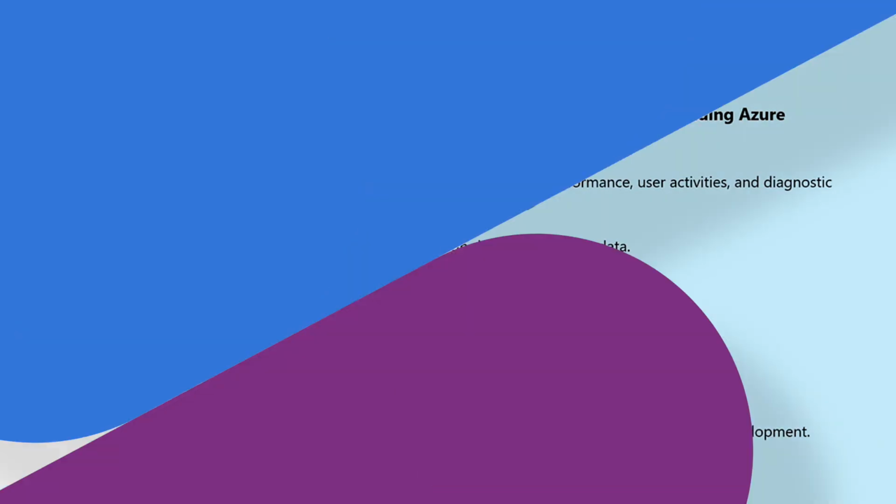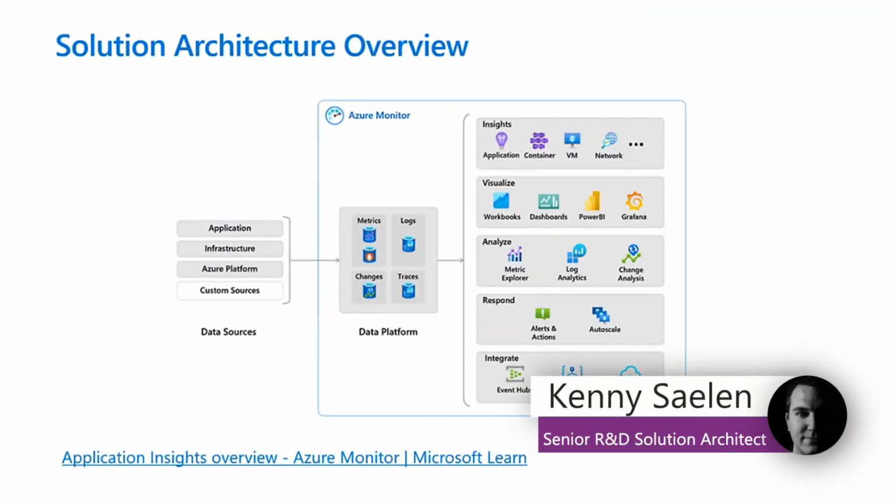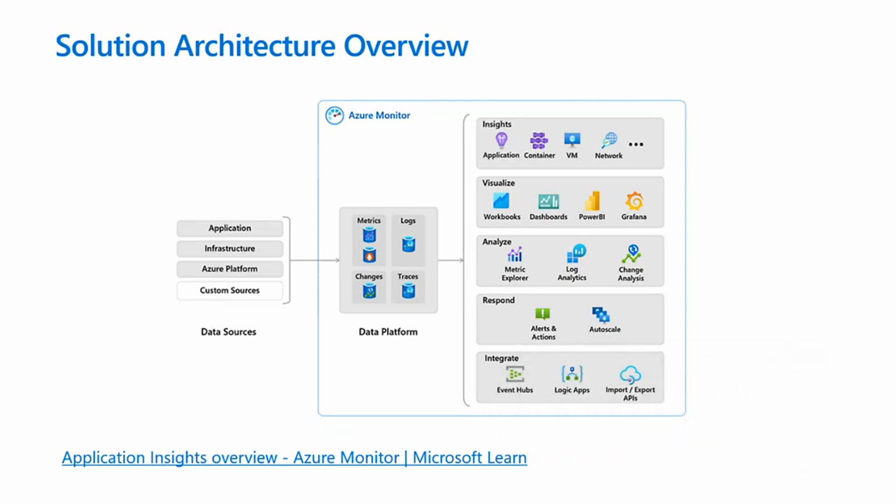Kenny, over to you. Thank you, Ajit. Just to give you a brief solution architecture overview of App Insights, I think this slide serves its purpose very well. So on the left side, first, you will have some data sources, applications, or the Azure platform itself, some of your infrastructure that you want to measure. But for Dynamics, mainly it's going to come from a custom source.